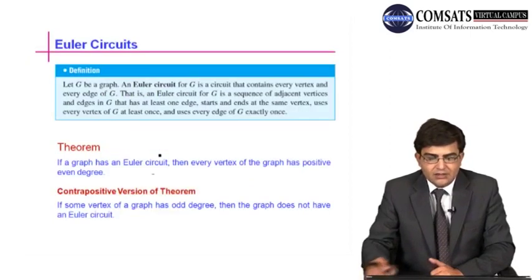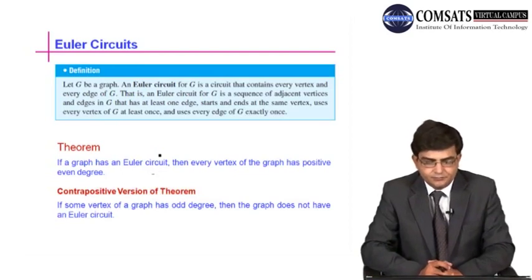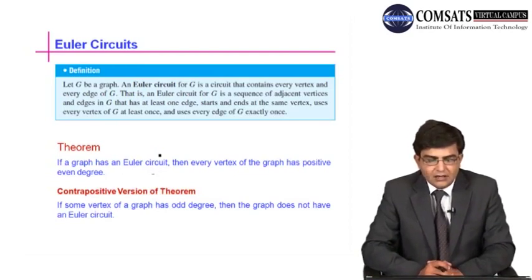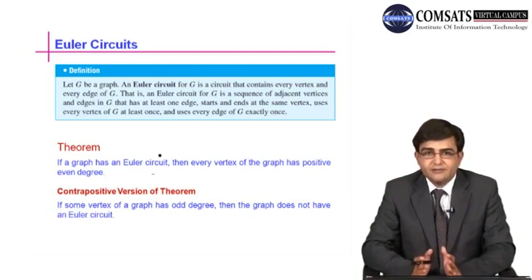So what is an Euler circuit? Let G be a graph. An Euler circuit for G is a circuit. Here an Euler circuit is first a circuit, that is, the starting and ending point are the same. In the previous lecture we discussed the definition of a circuit.